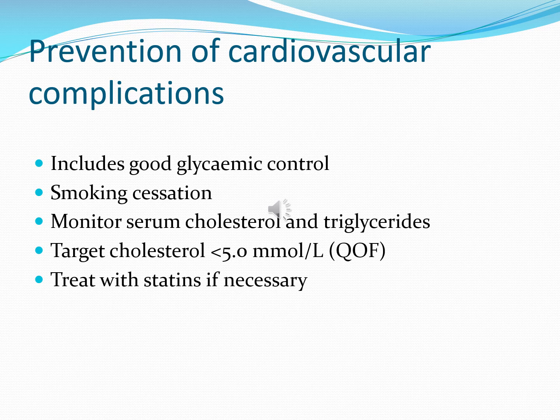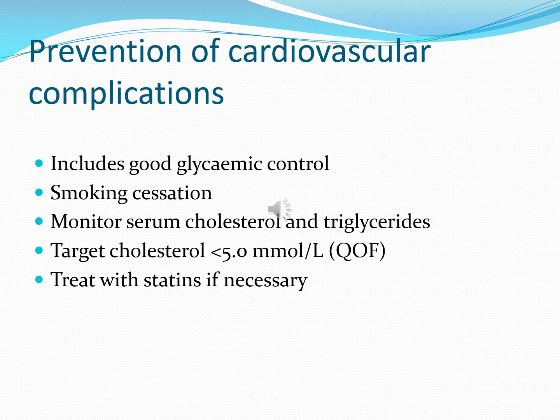So how about preventing cardiovascular complications, so the macrovascular complications? Well, the first thing to do is ensure good glycemic control, so we've defined what they are. Smoking cessation is very important. We don't want dyslipidemia, so you need to look at the cholesterol and the triglycerides. Remember, poor glycemic control will lead to dyslipidemia. Target cholesterol, the lower the better, okay?